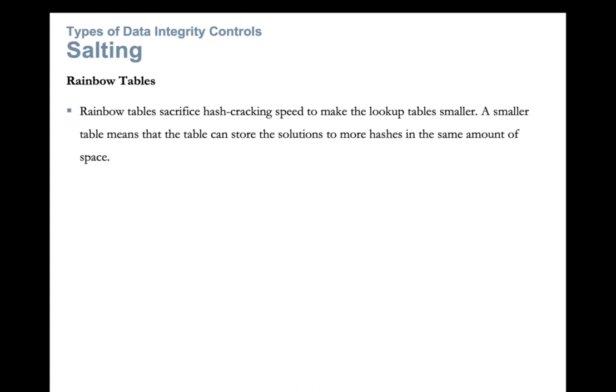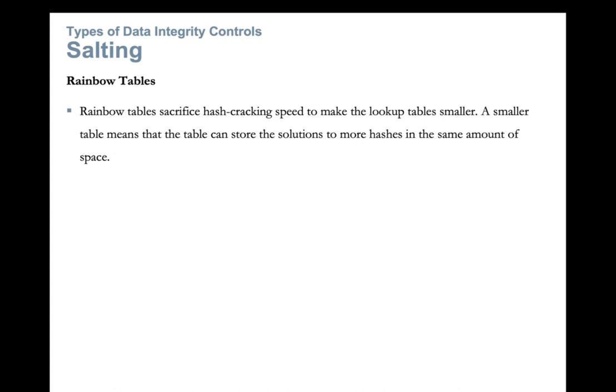So, as said, salting prevents an attacker from using a dictionary attack to try to guess these passwords. Salting also makes it impossible to use lookup tables or rainbow tables to crack the hashes. That is the beauty of salting.